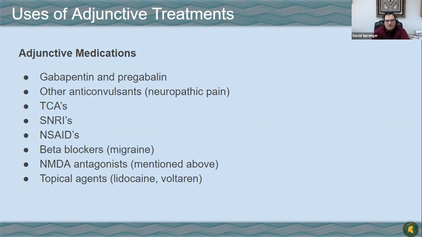Other anticonvulsants, particularly for some neuropathic pain, Tegretol sometimes for trigeminal neuralgia, TCAs, the SNRIs, so duloxetine, venlafaxine to some degree, NSAIDs, beta blockers for migraine, as I mentioned before, the NMDA antagonists, and then topical agents.